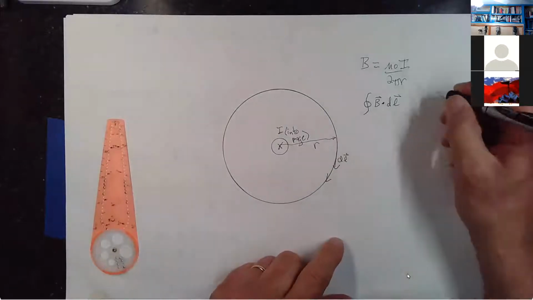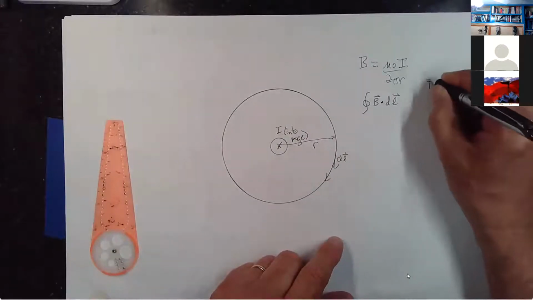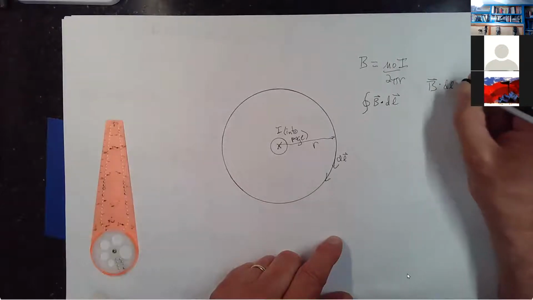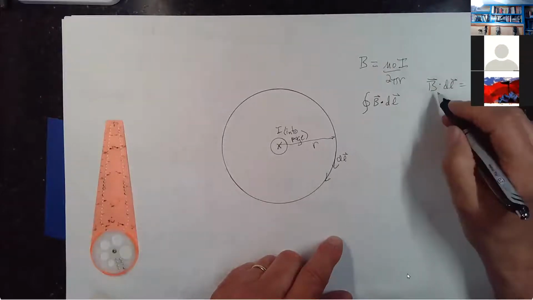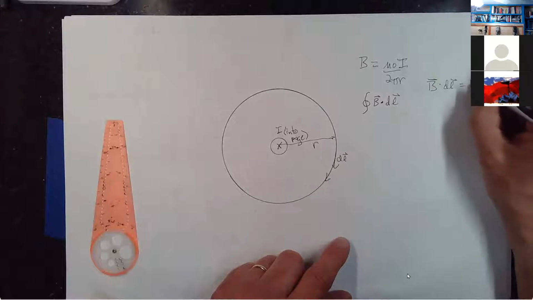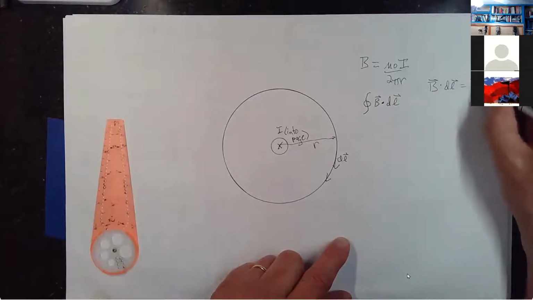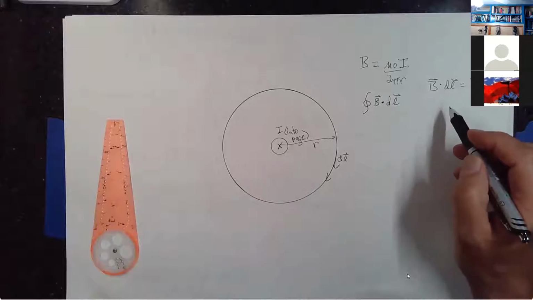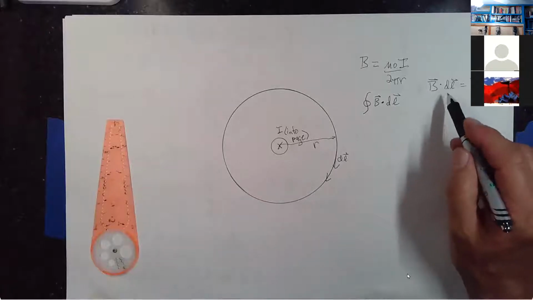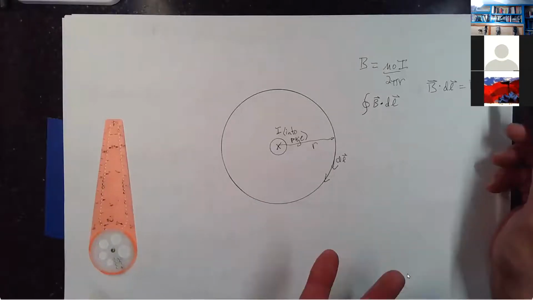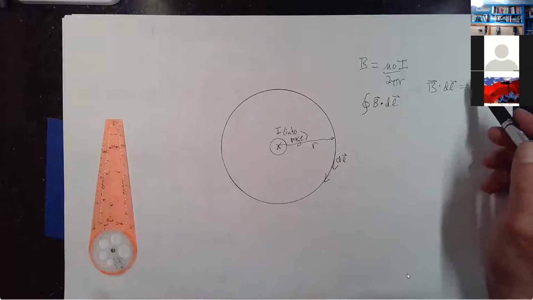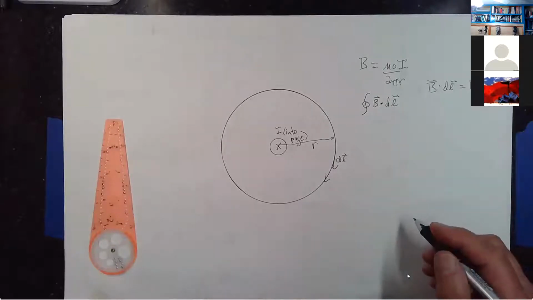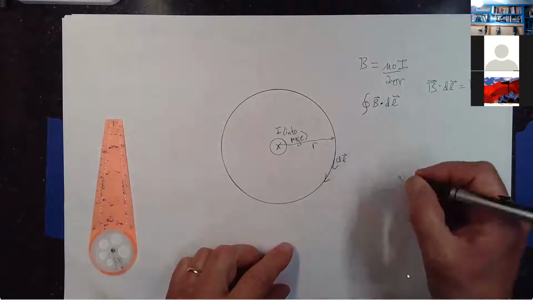And what you end up with is that B dot dl is just the magnitude of B, the magnitude of dl, and the cosine of the angle between them. The angle is 0, the cosine of 0 is 1, so it'll just be B dl. And that's what we integrate all the way around the loop.